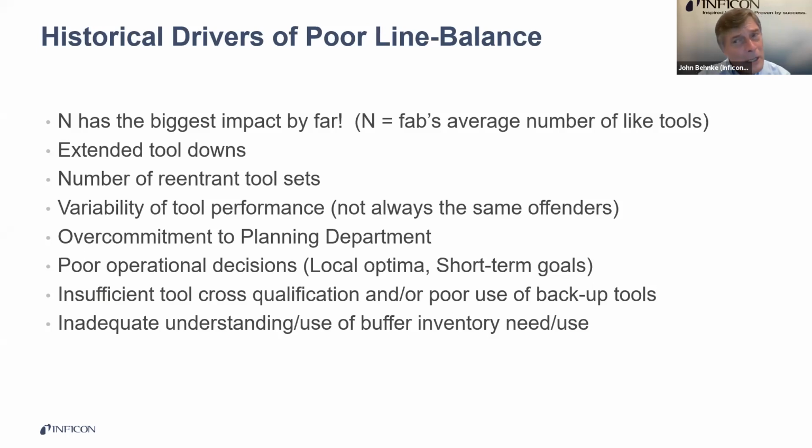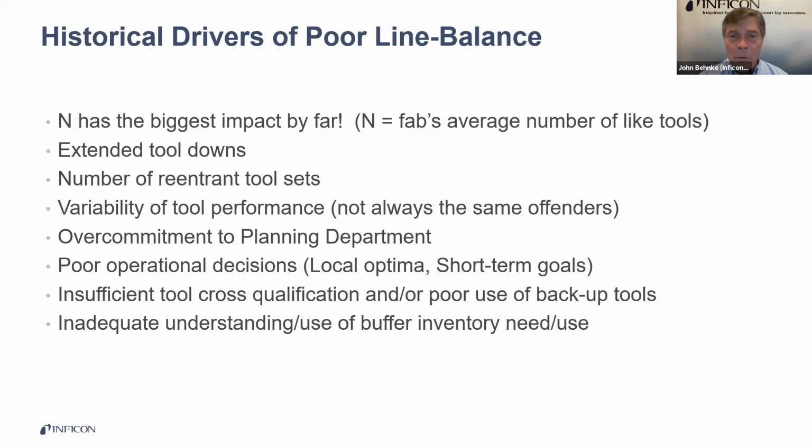Ironically, something you rarely hear anybody talk about, but is a pretty consistent impact on poor factory line balance, is actually the planning department. I don't mean to pick on anybody working on planning today, but if you have a poor understanding of your factory's actual capabilities and you succumb to a demand from a product line or a quick desire to exceed expectations, and you overcommit, typically somebody along the management chain will decide to do something we refer to as a local optima.